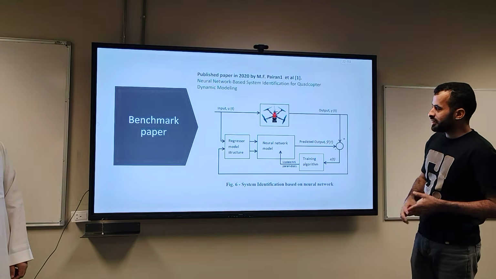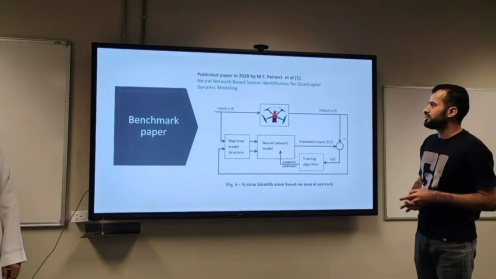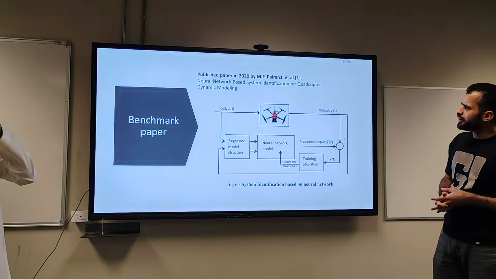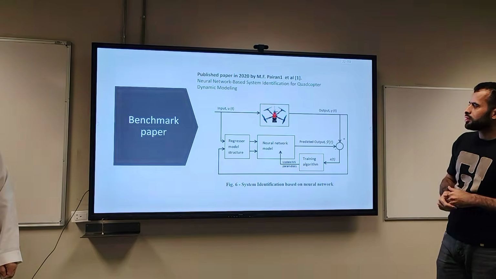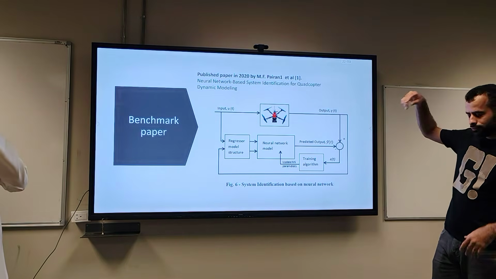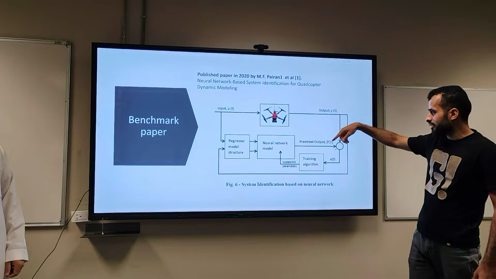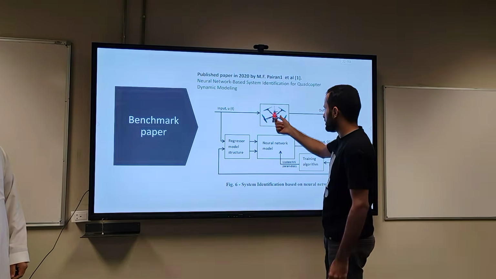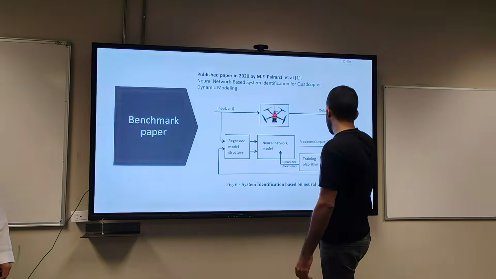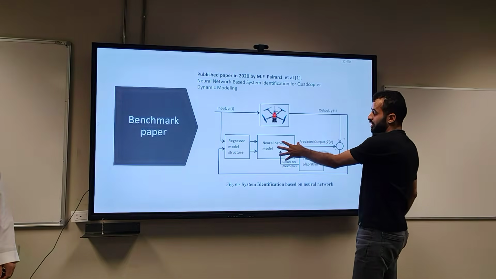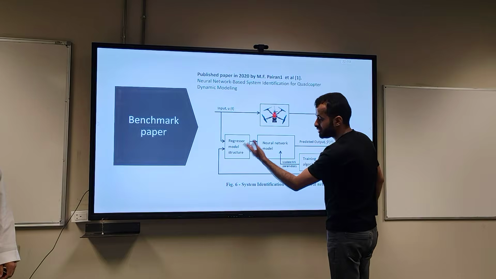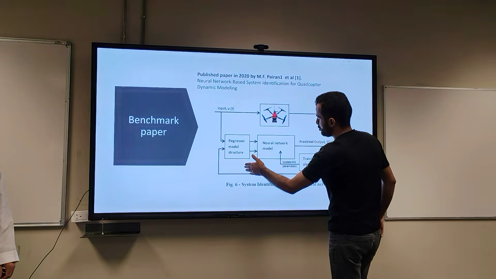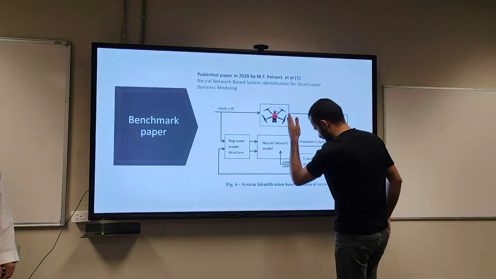Our benchmark paper is a paper published in 2020 by Muhammad Berian, titled Neural Network-Based System Identification for Quadcopter. This method is summarized by this figure. They provide an input signal to the system, then collect data, then select the model structure. The model structure has two components, as we said previously: the regressors and the neural network.